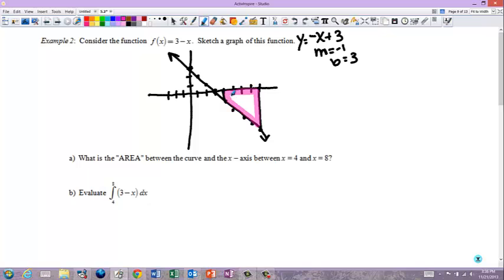And we learned in the last section that the area of a trapezoid is 1/2 the base, I'm just kidding, 1/2 the height times B1 plus B2. Well, the height of my trapezoid is 4.